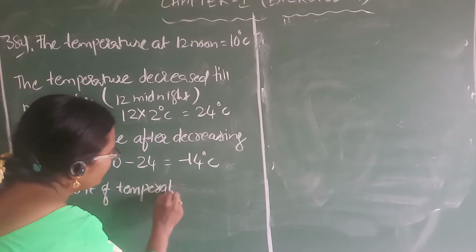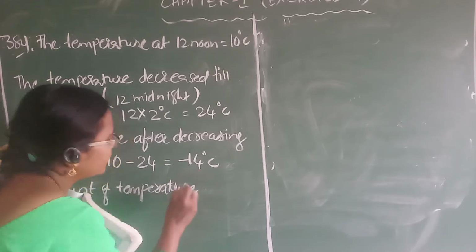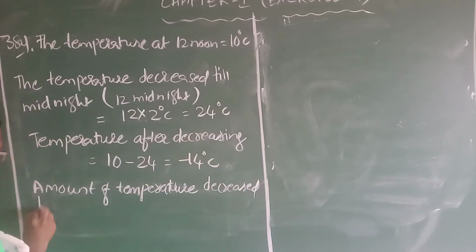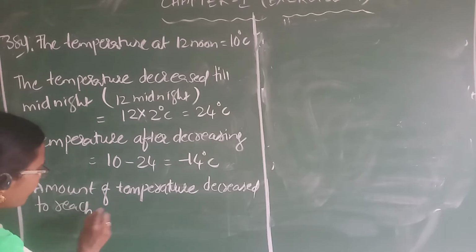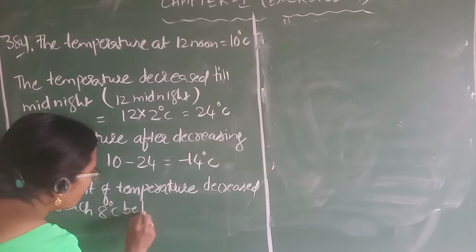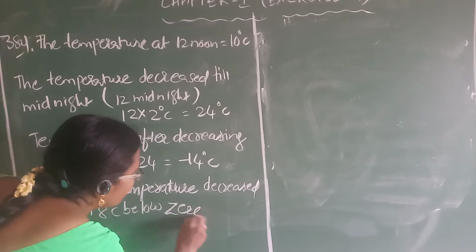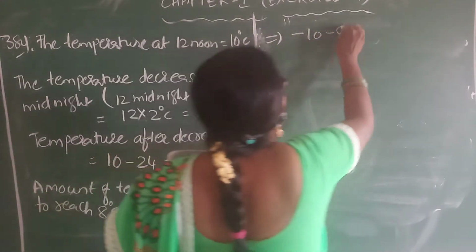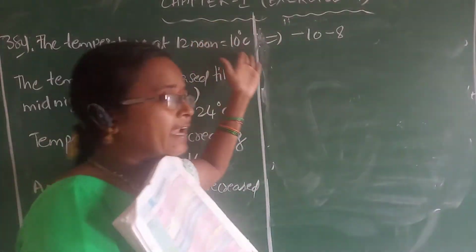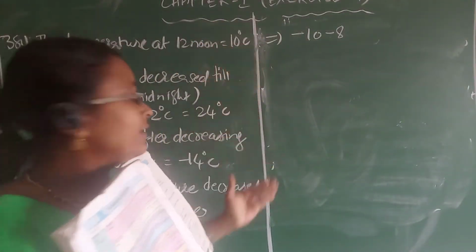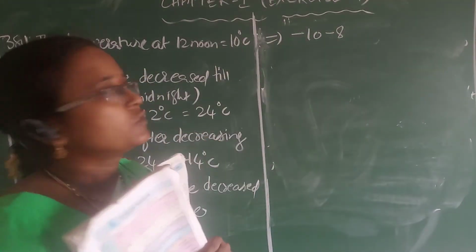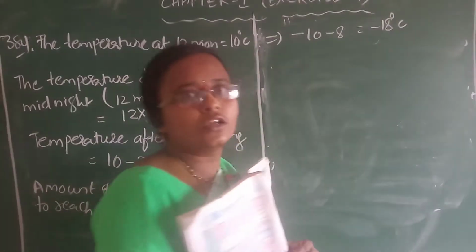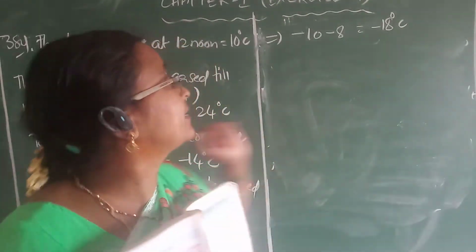Amount of temperature decreased to reach 8 degrees centigrade below zero. It implies 10, minus 8. From 10, this 10 degrees decreased. Again this 8 degrees also decreased. So totally 18 degrees centigrade decreased.